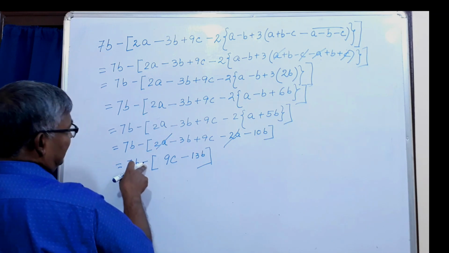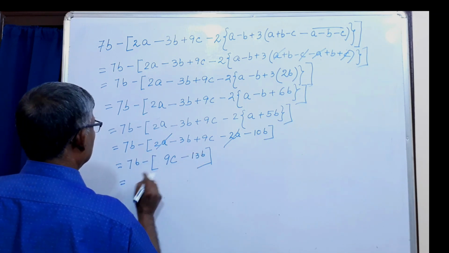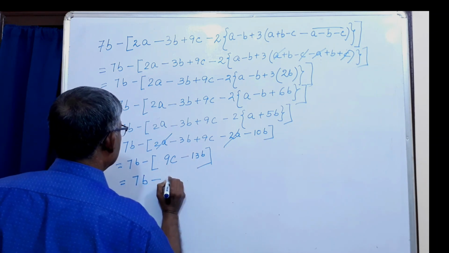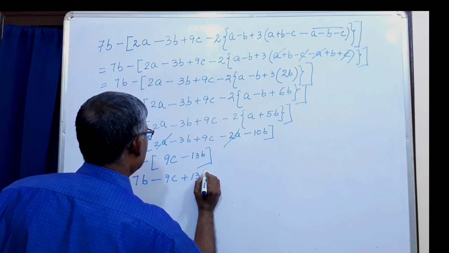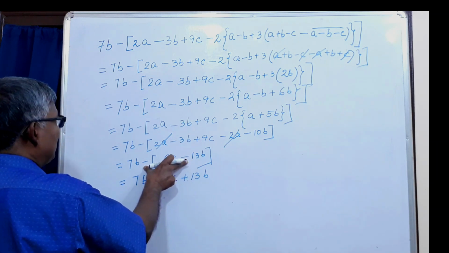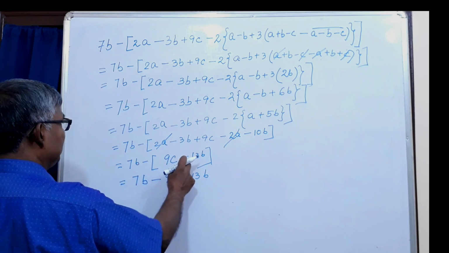Now see, here is negative sign outside the bracket, so change of sign to be made. It is 7b minus 9c plus 13b. Since it is negative, after removing the bracket, it will be positive.